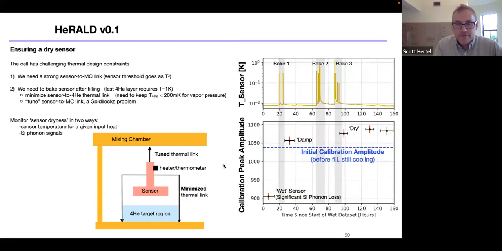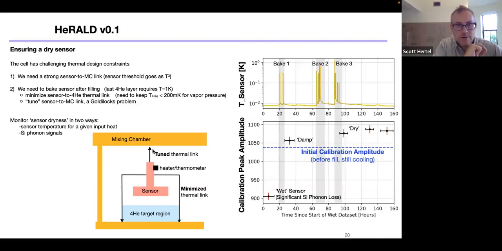Last technical note before we finally get into the data: ensuring that the sensor is dry requires tuning of the thermal mop. So here's the cell, here's the sensor platform, and that sensor platform is linked thermally to the rest of the cell, of course, through the walls of the cell. And it also needs to be linked to the mixing chamber.